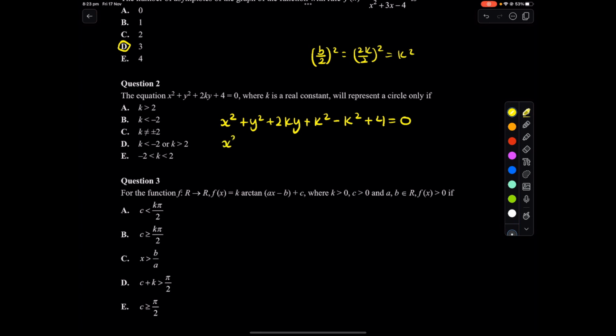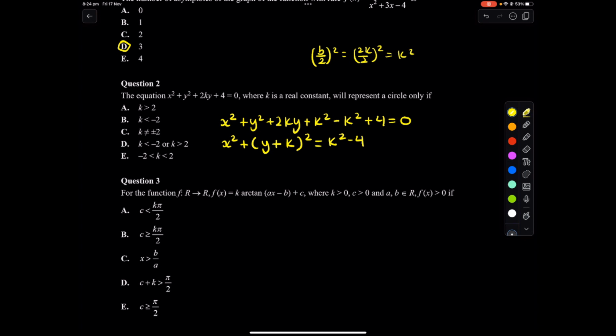And we can write this as x squared, we'll leave it there, and now we can easily factorize that as a perfect square, y plus k squared. And because this is a constant, we bring it to the right. Now it's much nicer to see if it's a circle.